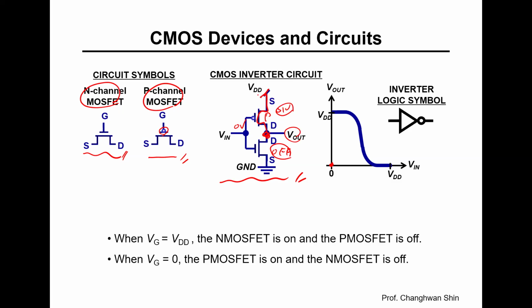When the input is 1 volt, or VDD, or high, the N-channel MOSFET is now on and the P-channel is off. So this is like a seesaw. When one side goes up, the other side goes down.